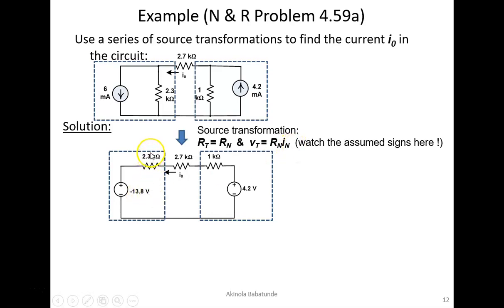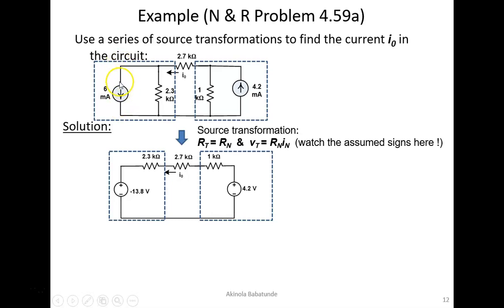But then you have to be very careful, because what you see here is a voltage that is pointing in a downward direction. Our nomenclature for a voltage source is that it should be pointing up, and when it's pointing up, the direction is supposed to be positive. But now this voltage is actually pointing in the opposite direction to our standard direction. So the voltage is negative.